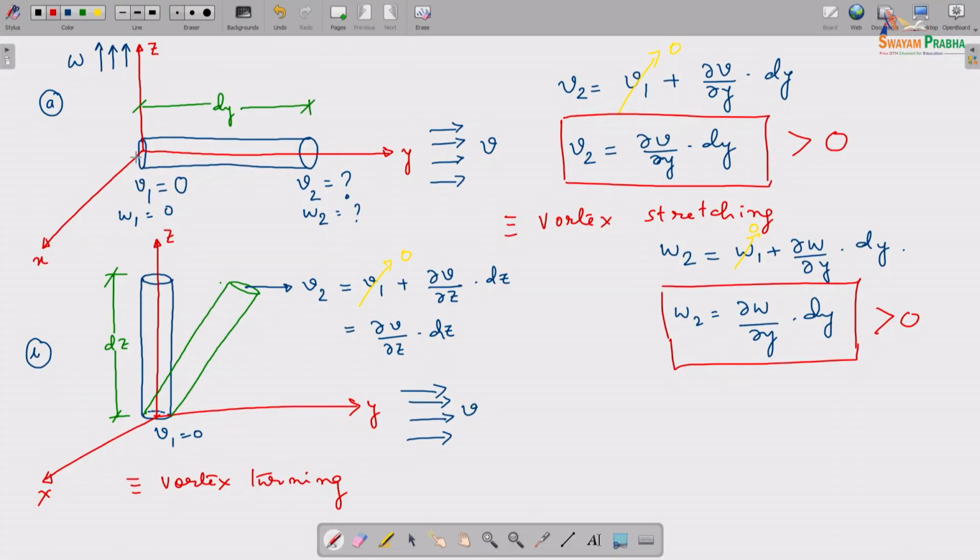So, that means if the w1 is 0 at, say, location 1, and this is the 2 location, I have a positive w2, which means this fluid element is obviously going to be moving in the z direction. If there is a net w2, I could possibly have something like that.